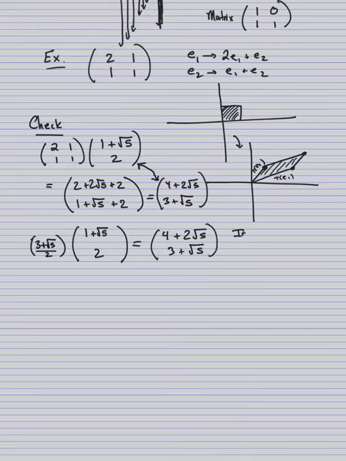So in other words, the vector 1 plus square root of 5, 2. Again, I denote it this way. Of course, this is just xy coordinates in R2, right? So it's 1 plus square root of 5, 2. Okay, so this vector goes to a scalar multiple of itself.